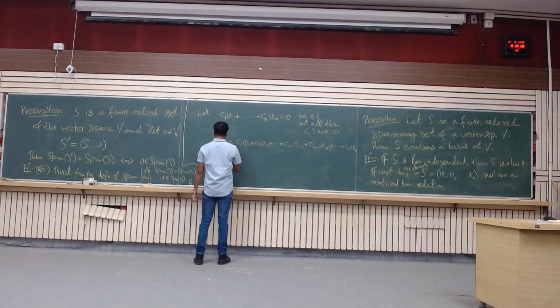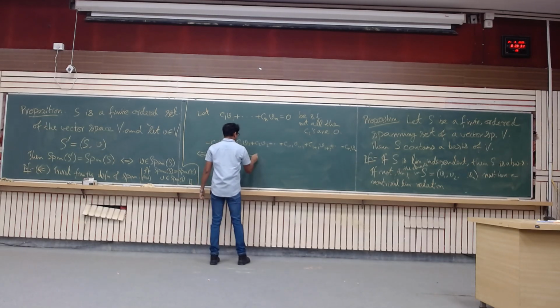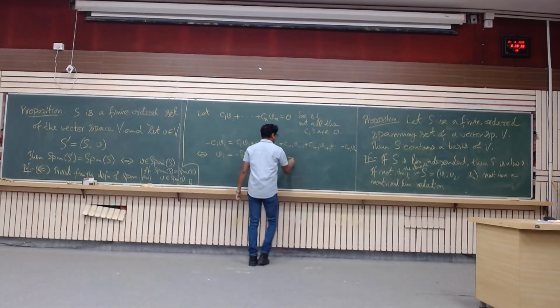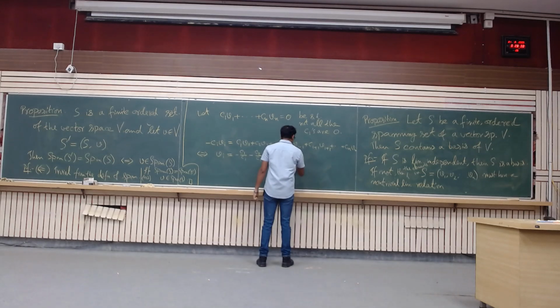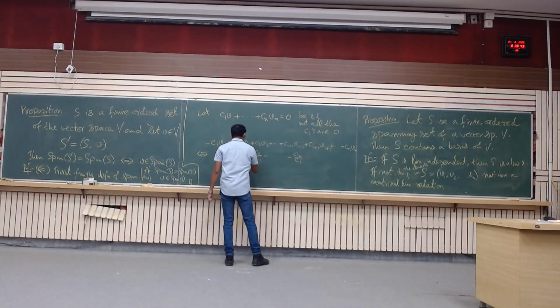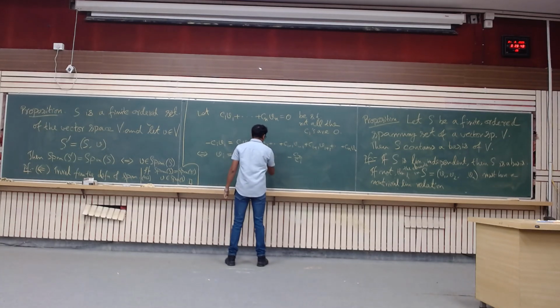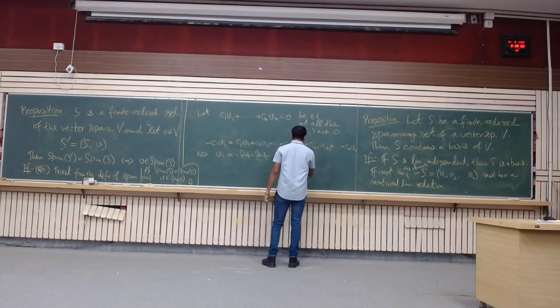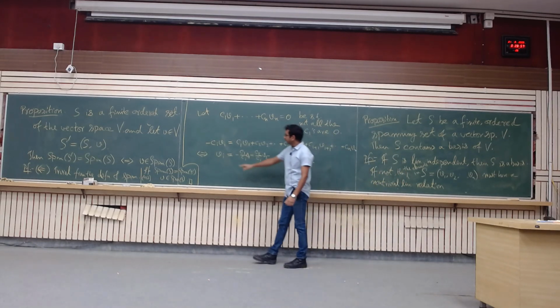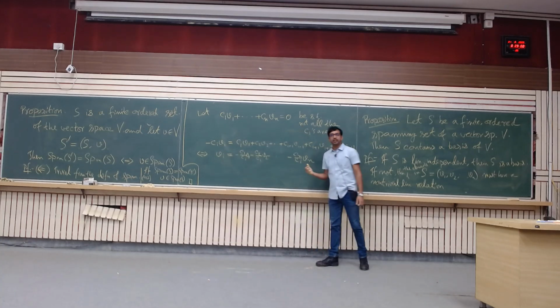So Vi is minus C1 by Ci V1 minus C2 by Ci V2 minus dot dot dot minus Cn by Ci Vn. Okay. So, what does it mean? Vi is a linear combination of the rest of the vectors in S.